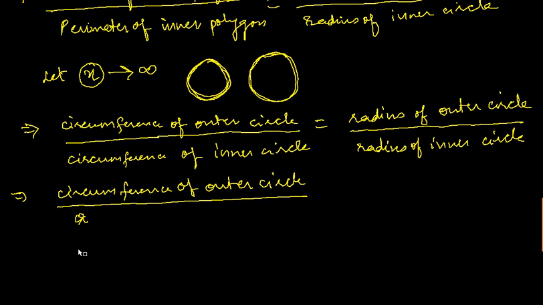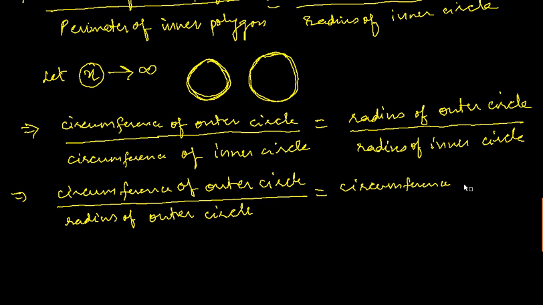I'll get circumference of the outer circle divided by radius of the outer circle is equal to circumference of the inner circle divided by radius of the inner circle.